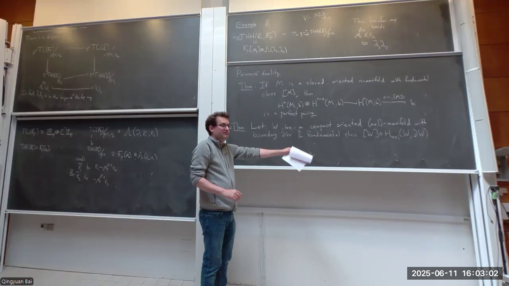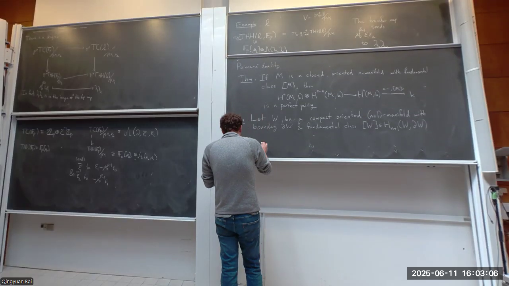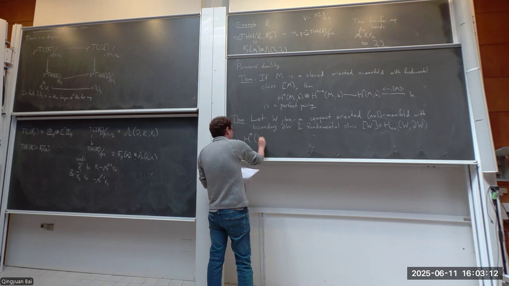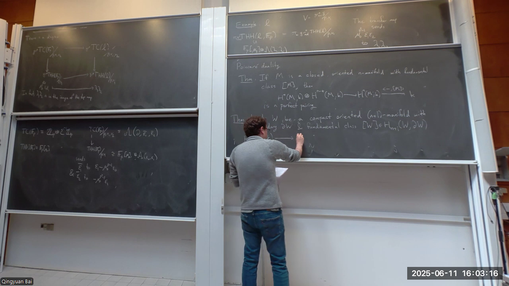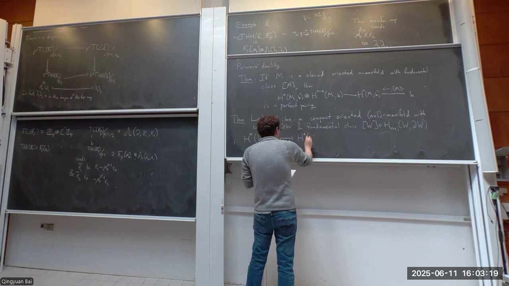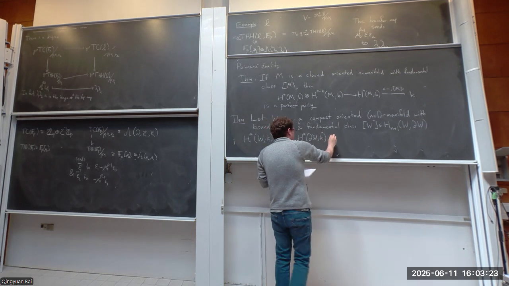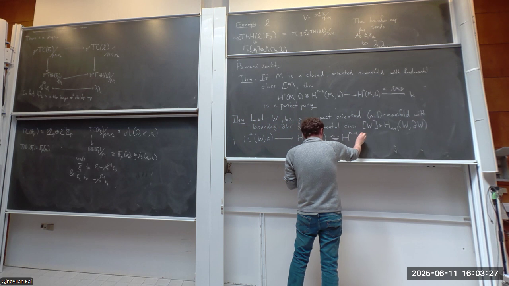Then what is the form of Poincaré duality in this kind of situation? We get the following sequence of the homology of W mapping canonically to the homology of the boundary, and the boundary Poincaré dual.